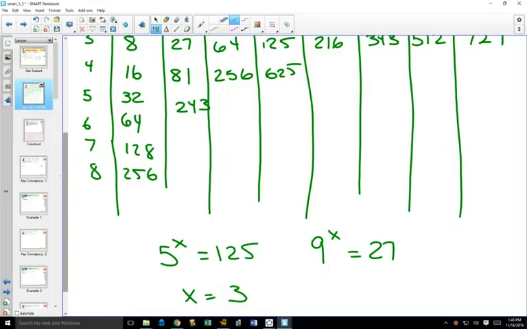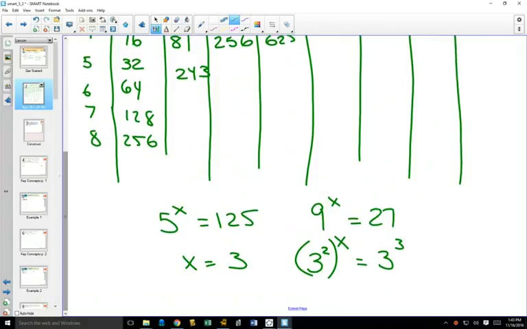But 9 and 27 are both in my chart for 3. So what I could do is rewrite these as powers of 3. 27 is 3 cubed. 9 is 3 squared. So I would still have an x out here.